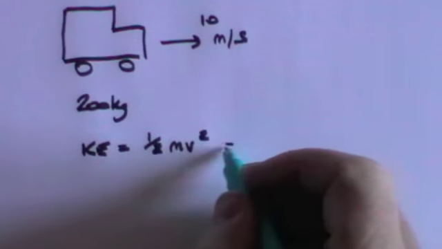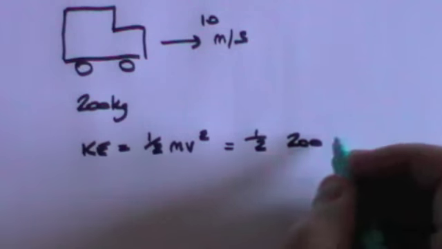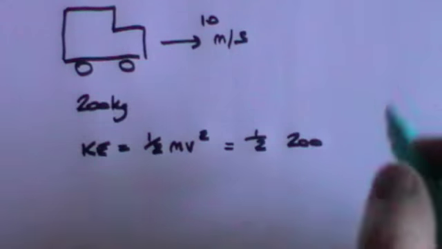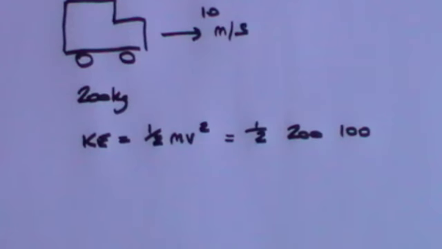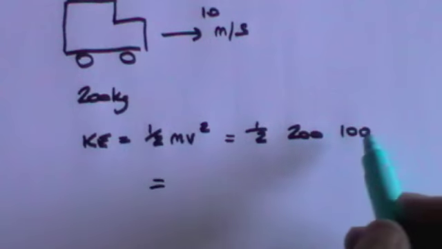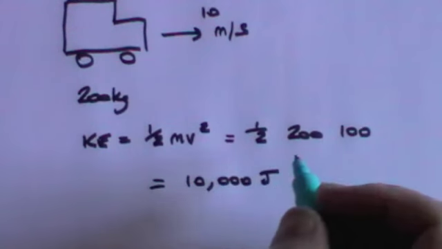So that's going to be equal to a half times m, which is 200, times v squared. Well, v is 10 meters per second, so v squared is 100. So that is going to equal a half times 200 is 100, times 100 is 10,000 joules.